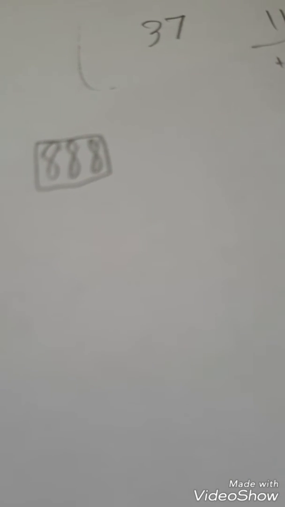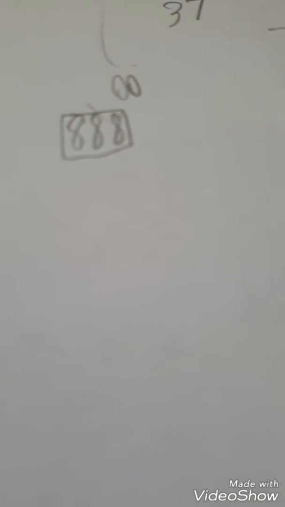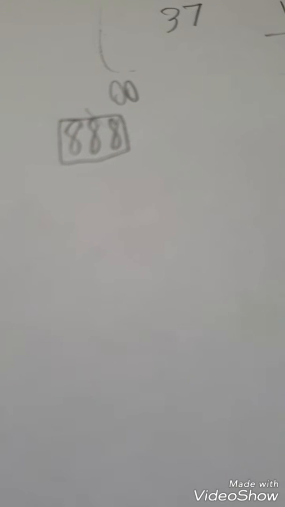And 88 we will minus from this 88. This will give us 0. If you get 0 or any number divisible by it, this means this number is surely divisible by 37.